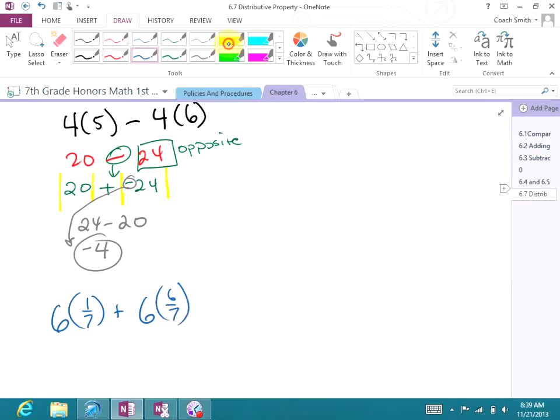If we look at those two terms, what is common in both the terms? What number is common in those two terms? The 6. Okay? 7 is not a number in that. 6/7 is the number in that. So the common factor is the 6.